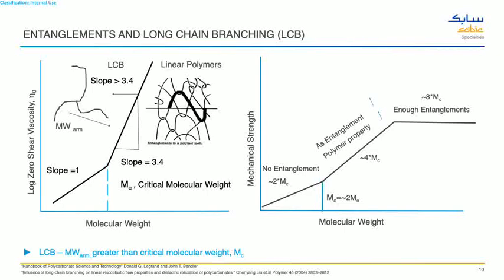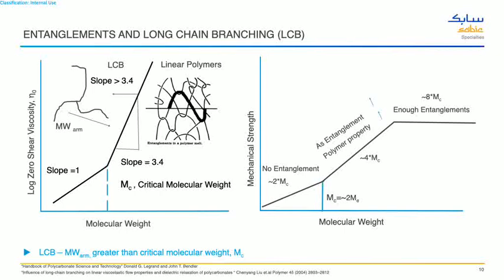The reason I'm bringing up long chain branching, I'll show you on the next slide. First of all, I'd like to explain what long chain branching is. When you have a chain, and the arm is longer than the critical molecular weight, for example for polycarbonate the critical molecular weight is approximately 5,000 grams per mole.